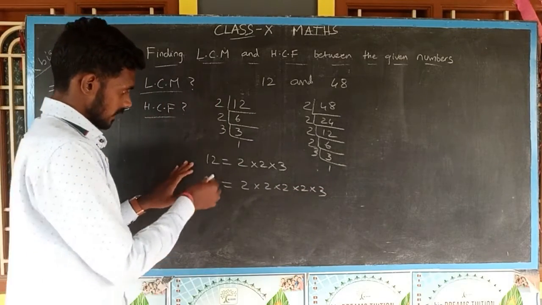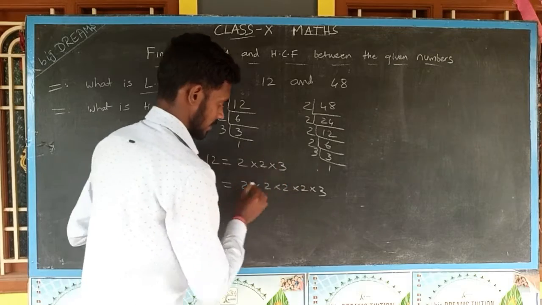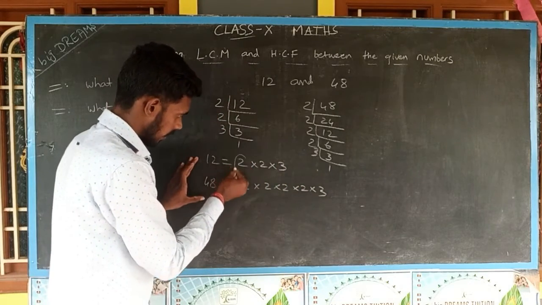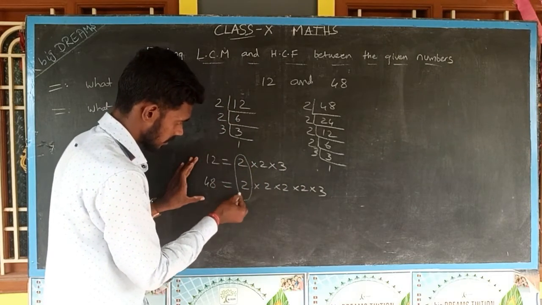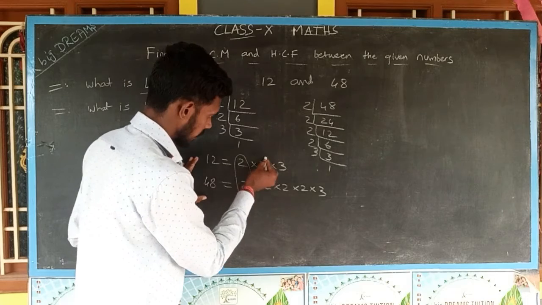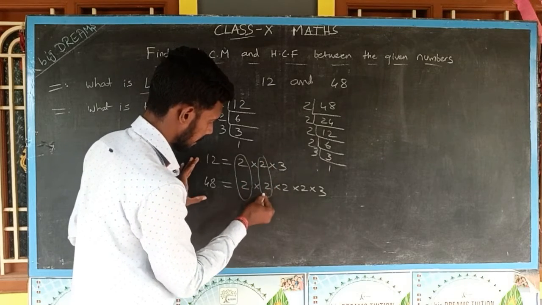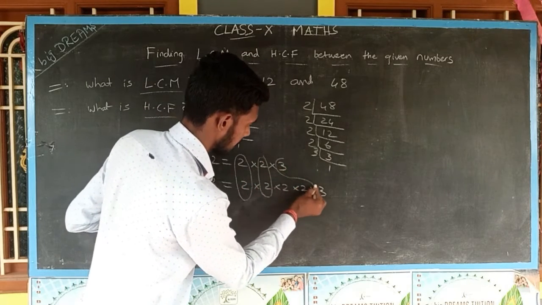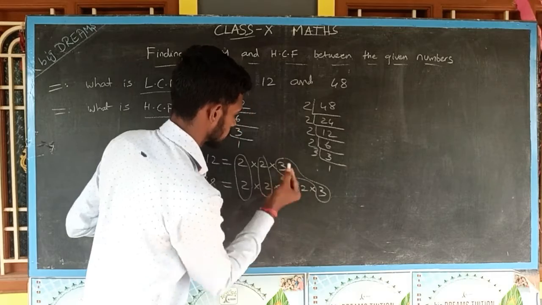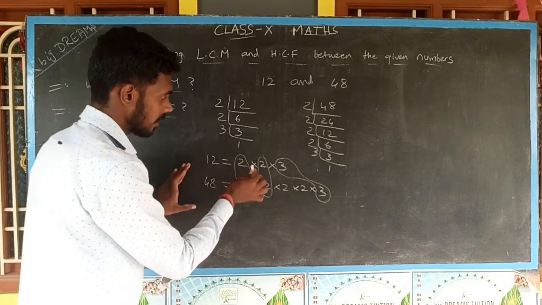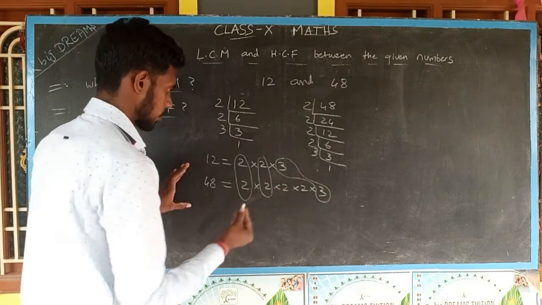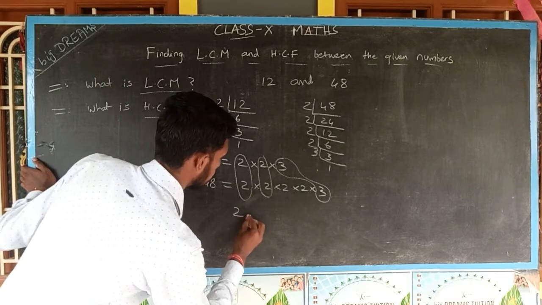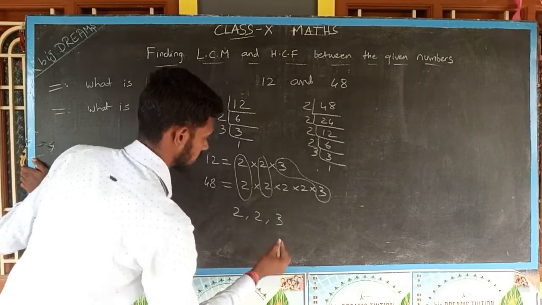See these two representations. Try to take the common elements: 2, here another 2, here 3. I am picking up the common factors, so the common factors are 2, 2 and 3.